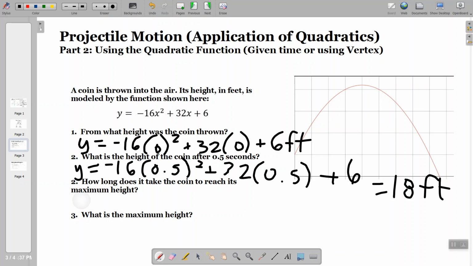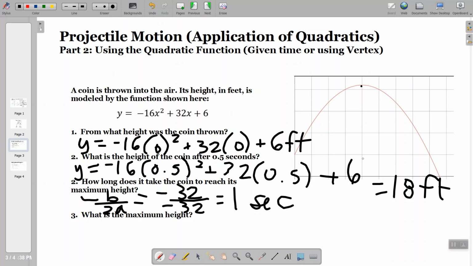So I'm going to do the opposite of B over 2A. In a previous video, we did some practice with using this as a shortcut for finding the vertex. So I'm going to do the opposite of B, the opposite of 32, over 2 times -16, which is also -32. So I'm going to get that it will take 1 second for it to reach that vertex point.